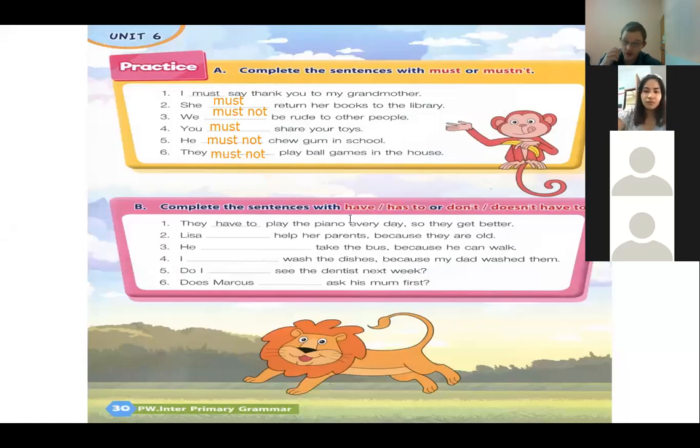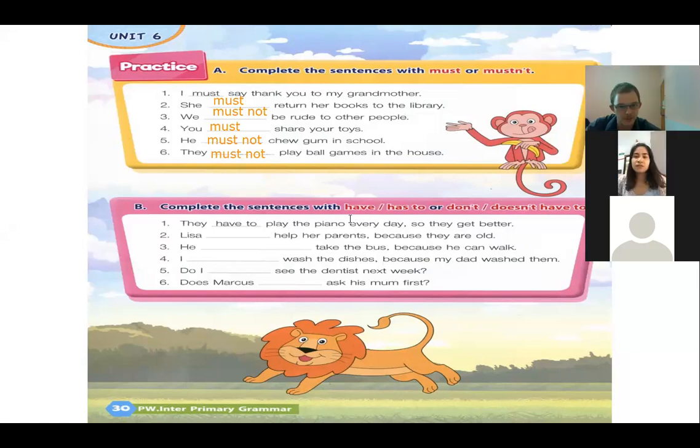Why, if we use they, do we use have to? We use have to for they because that is our grammar rule. They have to play the piano every day.